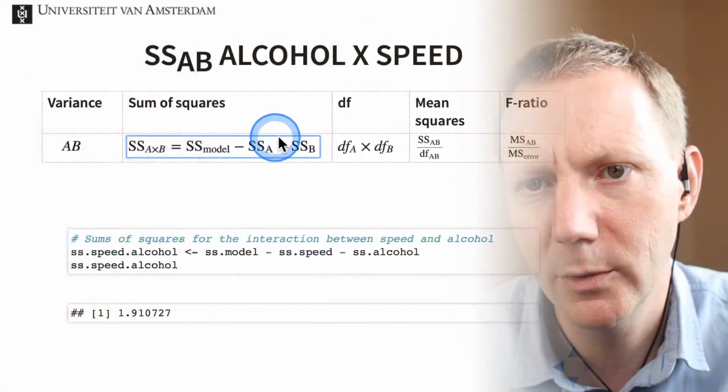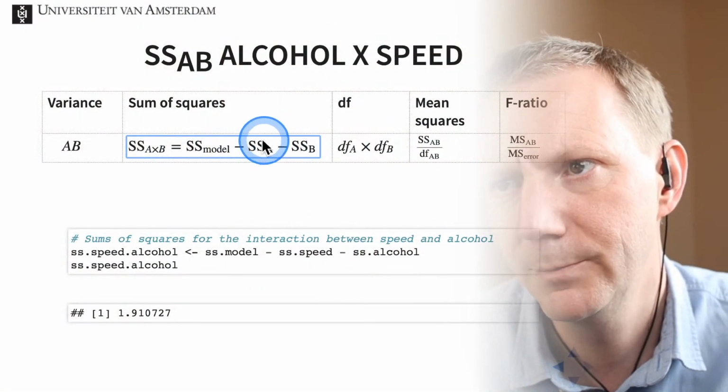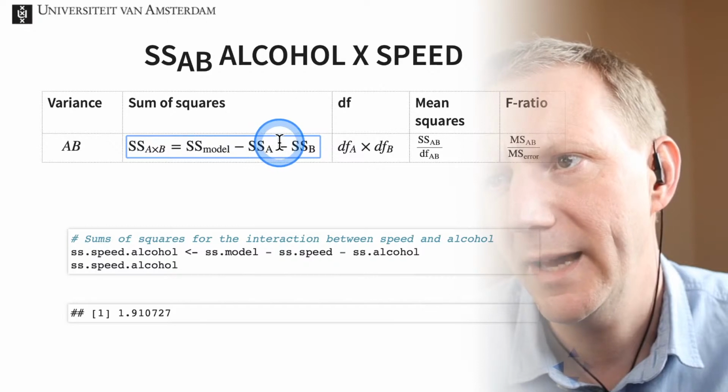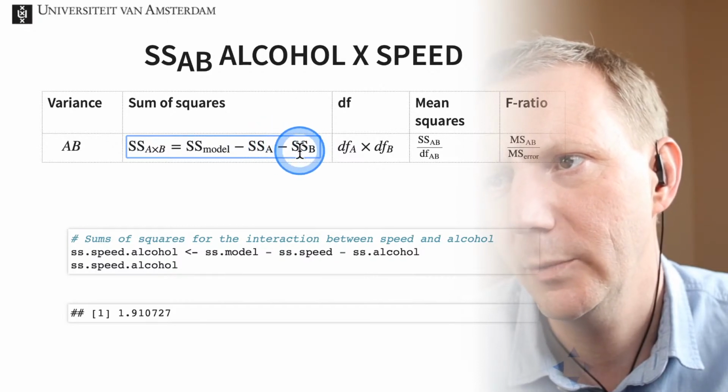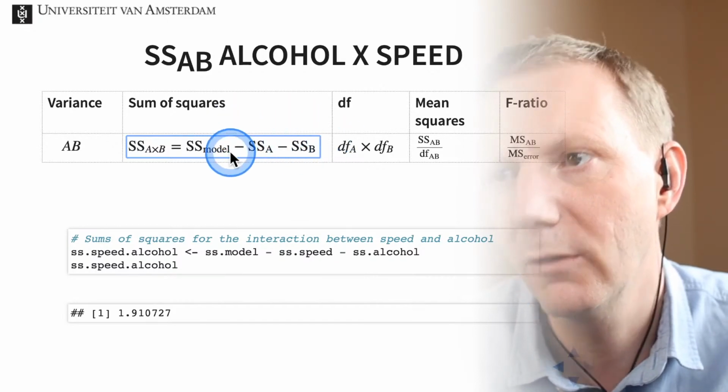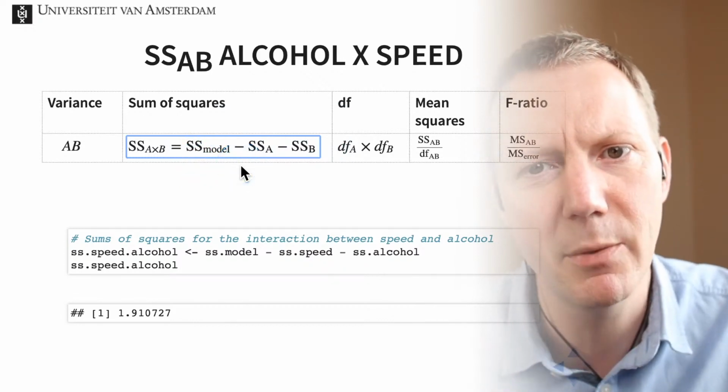So if you look at the way Field states this formula, he states that you subtract from the model the sums of squares for independent variable A and the sums of squares for independent variable B, so these two. But you could also say, well, add independent variables A and B and subtract them both from the model. So it's stating the same thing, of course.